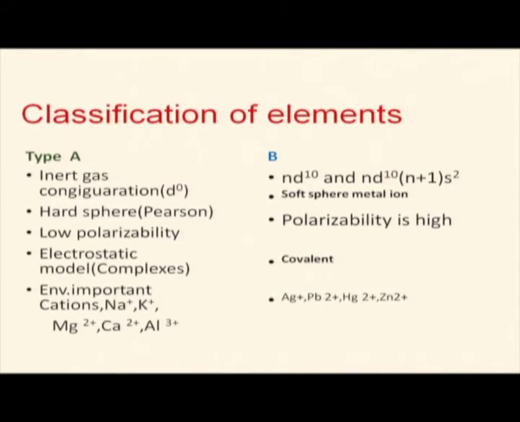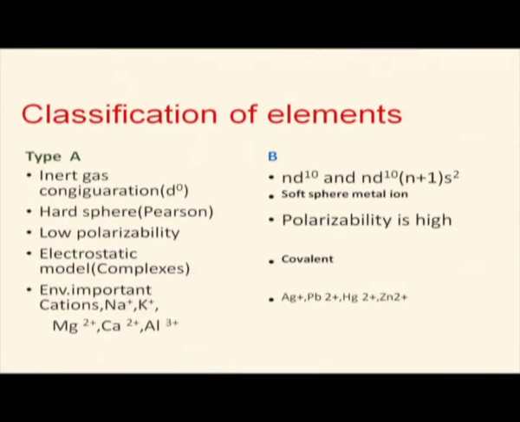So, all of these, naturally occurring as well as introduced anthropogenically into the aquatic system, form complexes with different ligands, and we will see what complex formation takes place in the aquatic environment.